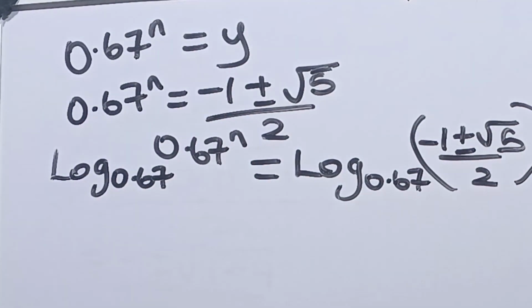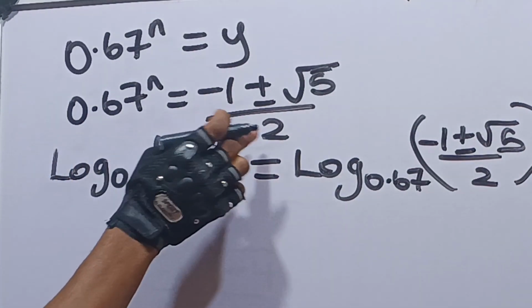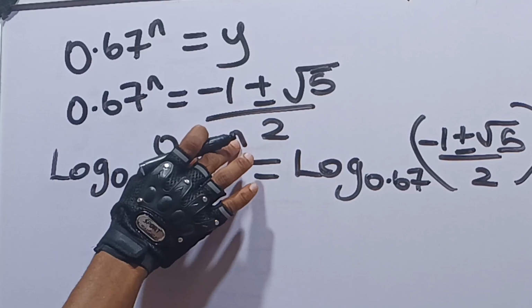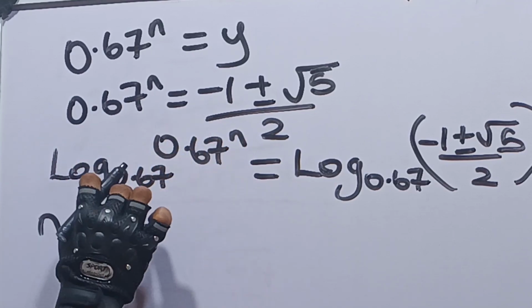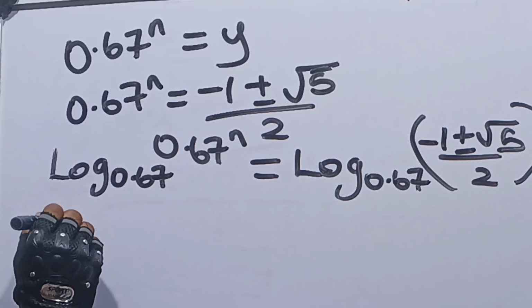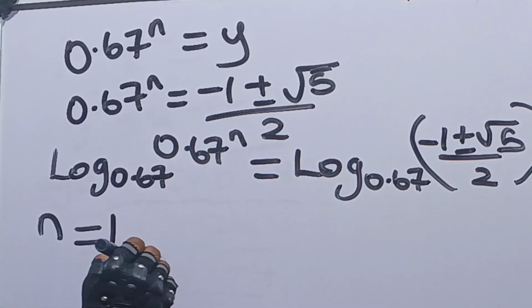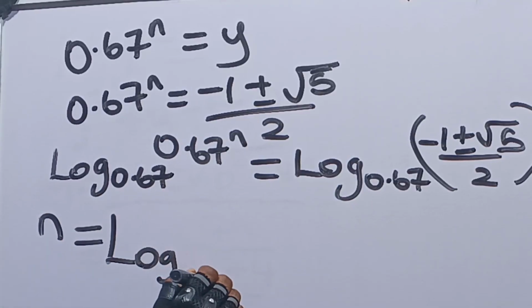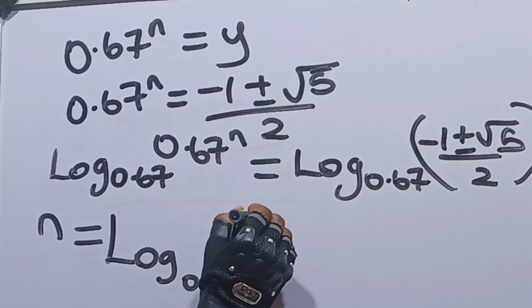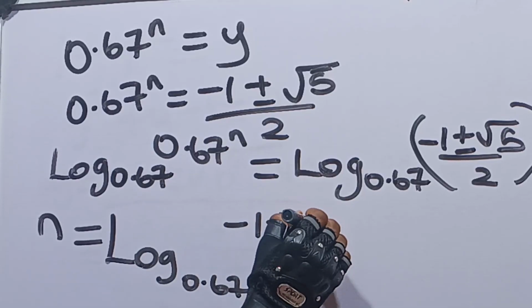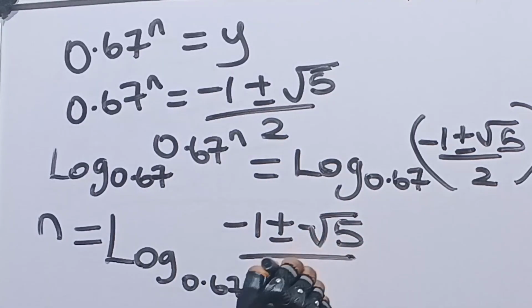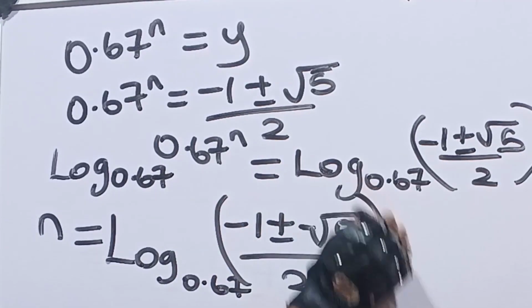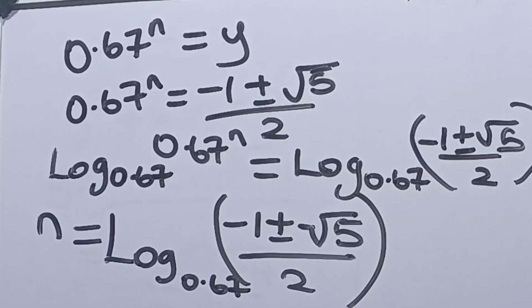When you have this, you multiply the power and the log, so we have n. Log of a number to the same base, of the same number, is 1. So that we have that n is now equal to log to base 0.67 of minus 1 plus or minus root of 5 divided by 2. So this becomes the final answer to this question.